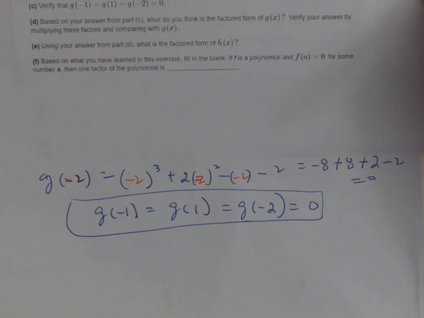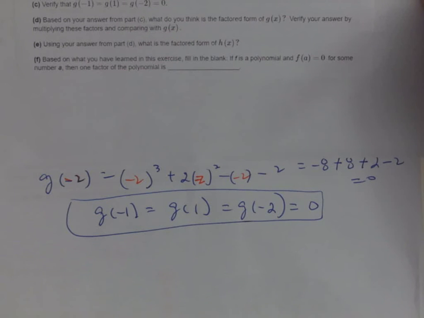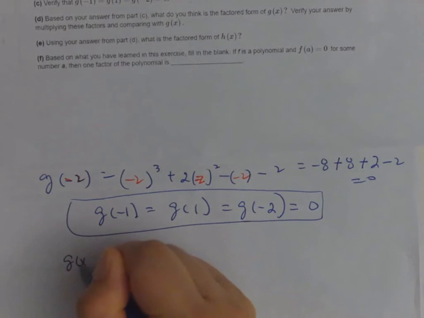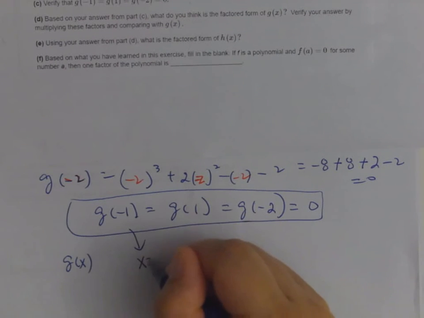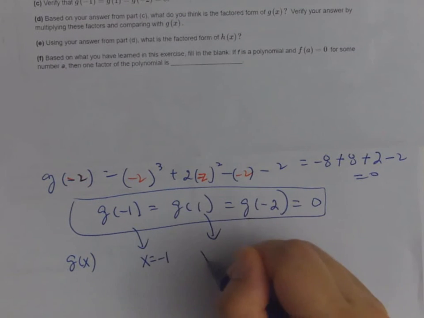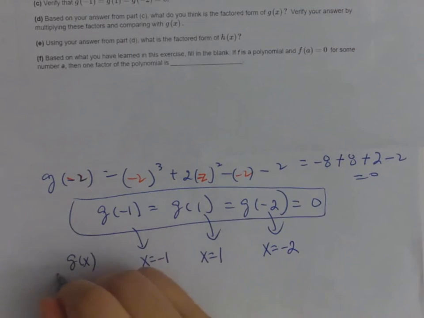How about D? D say based on the answer from C, what do you think is the factor form of g of x? So for g of x, we basically say x equal to -1, x equal to 1, and x equal to -2, right?